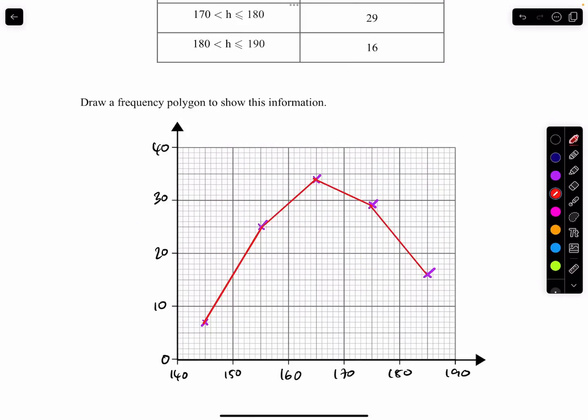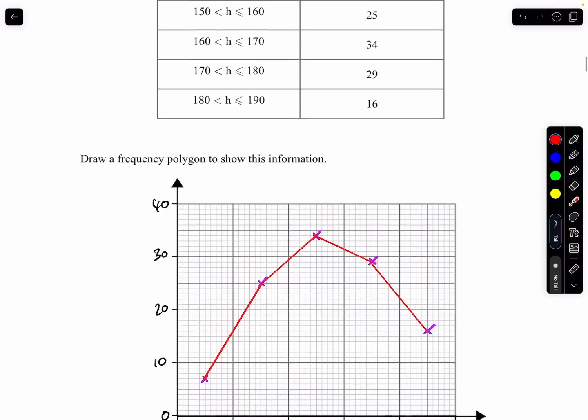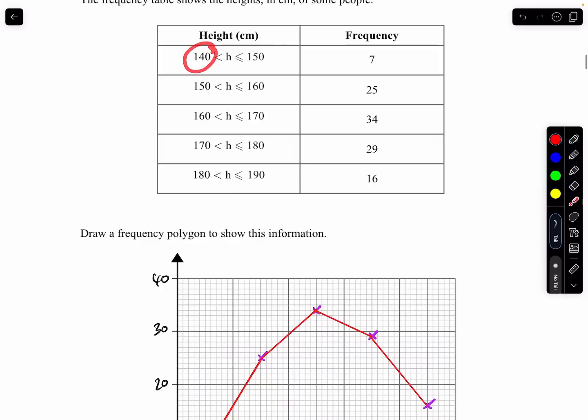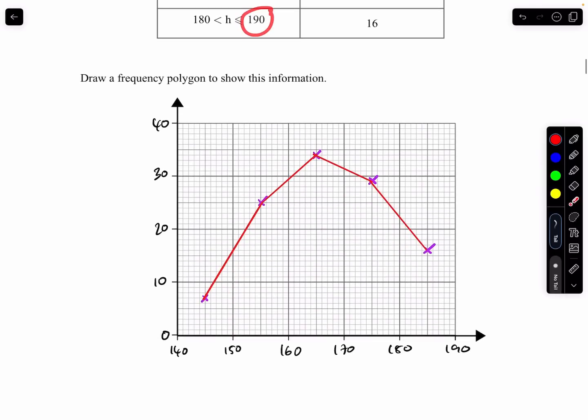Now, this is okay. I mean, you can leave it like that, but what I say to my students is, look, it did ask you for a polygon. So really, polygon is a shape, a multi-sided shape. And what I say to them is, look, it goes all the way down to 140 and all the way up to 190. So it's better to take this and join it up here and here with a ruler.